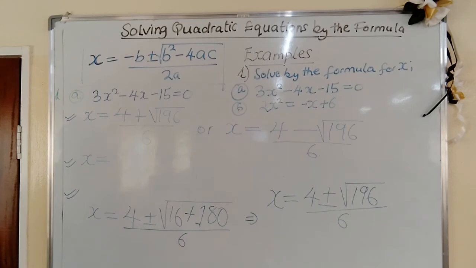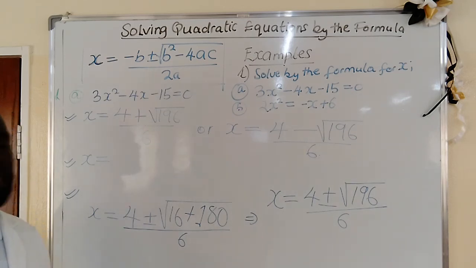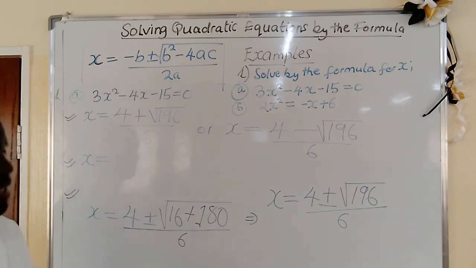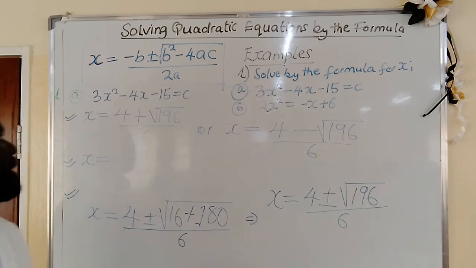Finally, at this step you are allowed to use your scientific calculators. I only encourage you to use scientific calculators at this stage so that we avoid premature rounding off, which affects answers.